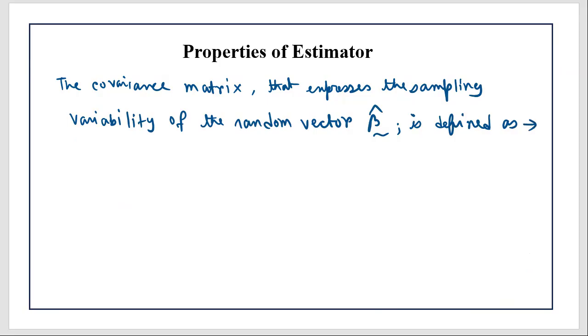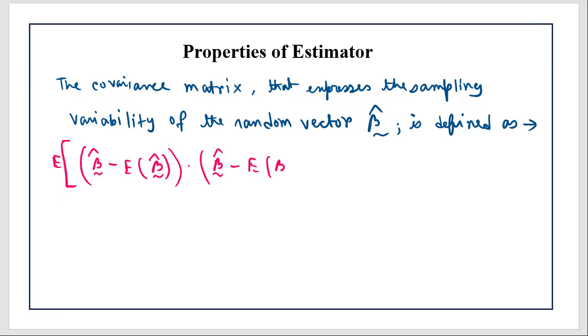what will be the term? The term will look like this: expectation of beta curl cap minus expectation of beta curl cap, so let me put it in one bracket, and then you have beta curl cap minus expectation of beta curl cap, and then finally you have a transpose.